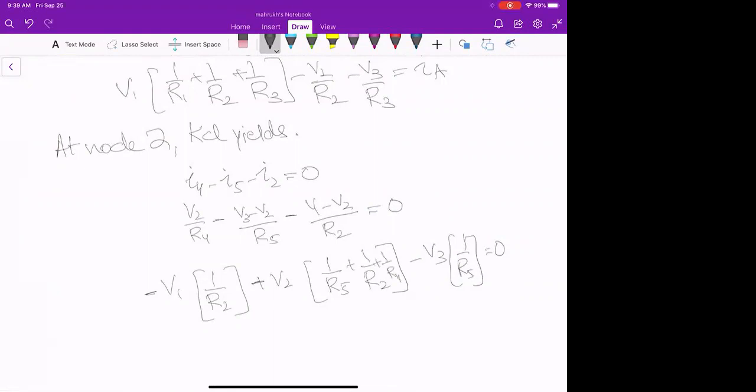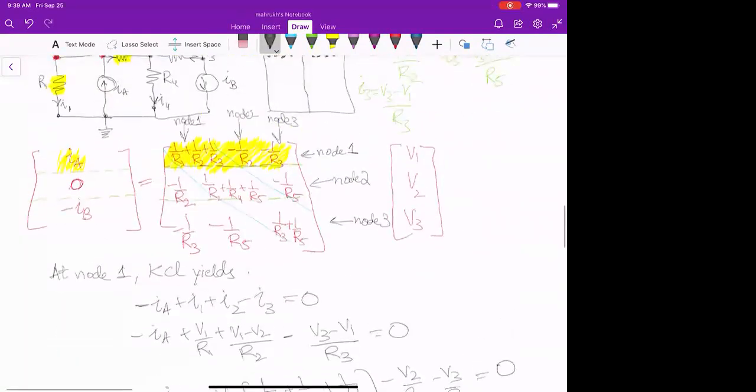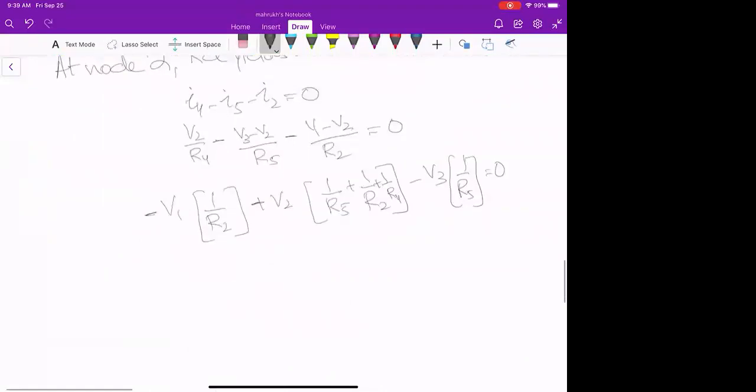And V3 is minus 1 over R5. That's true, right? So that's how you can see our equations lining up with our matrix, which we wrote depending on the equations. We did not try to solve it first; by seeing it, we analyze the matrix and just write it, okay?